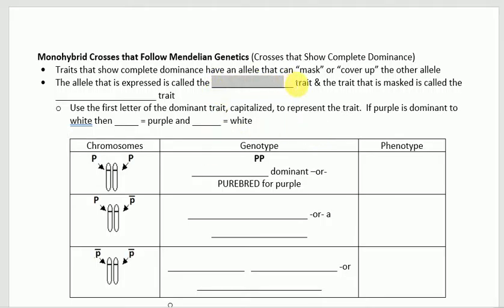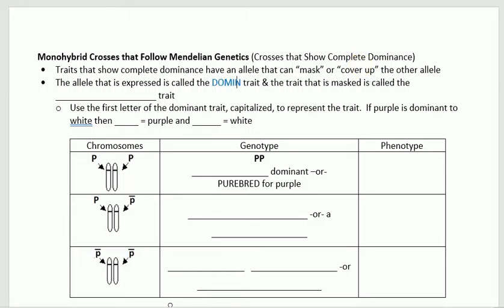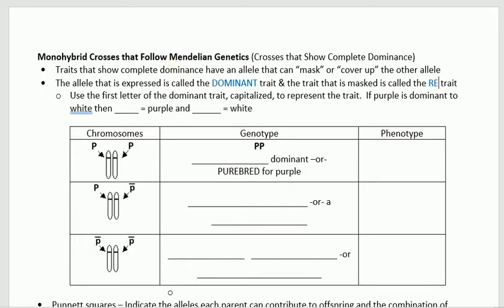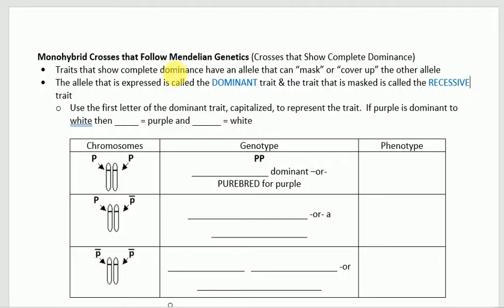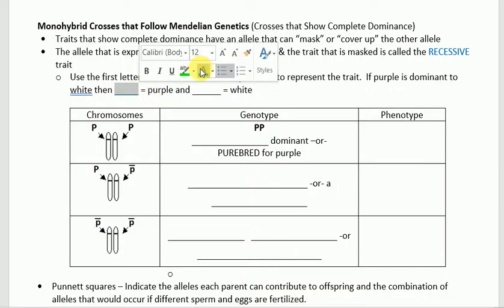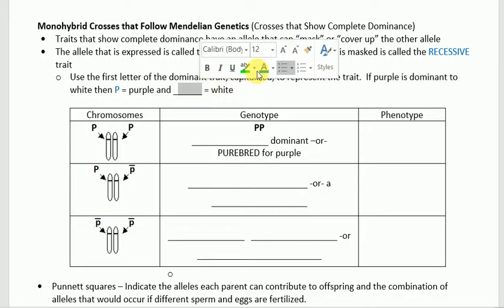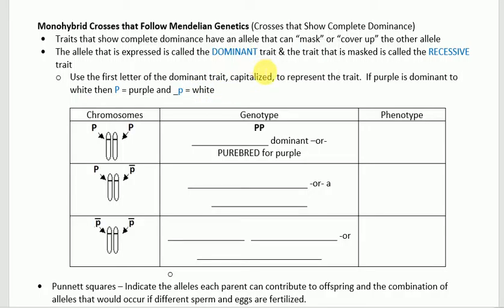The allele that is expressed is called the dominant trait, and the trait that is masked is called the recessive trait. Again, we're going to use the first letter of the dominant trait, capitalized, to represent the dominant trait. For instance, if purple is dominant to white, then the capital P would be for purple, and the lowercase p would be for white.